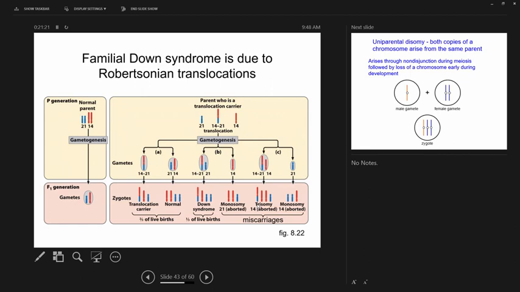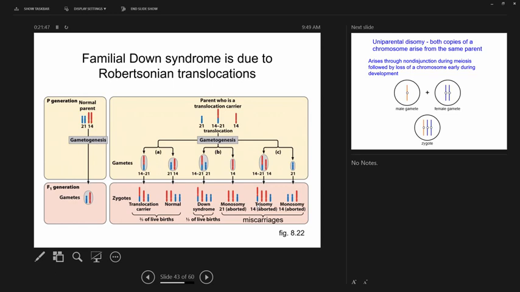This is the only case of everything else in which you have a live birth and you end up with Down syndrome here. So you have one normal chromosome 14, one piece of what would be chromosome 14, one normal 21, and then the other piece of 21 that's here.